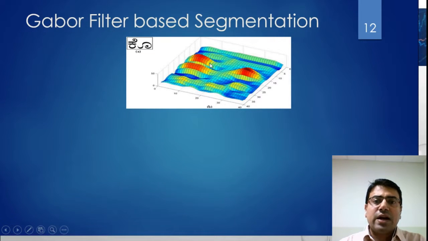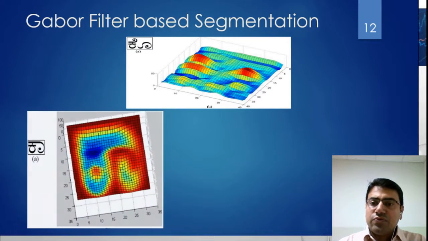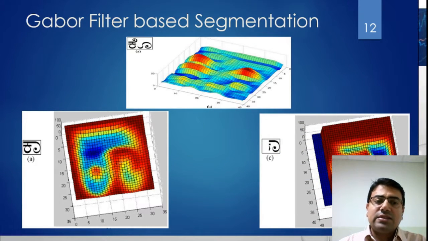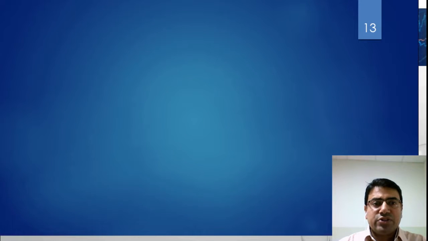You can see there is a highlighted area, because there is a two mark present in this particular Akshara. Similarly, if we apply the Gabor filter at a different frequency, we will get different responses. And this concept we utilized to perform character level segmentation.